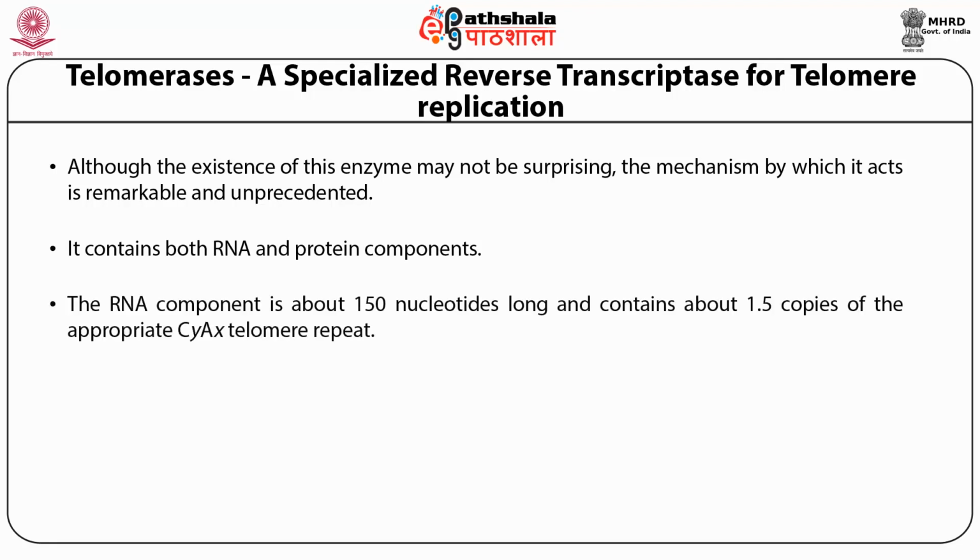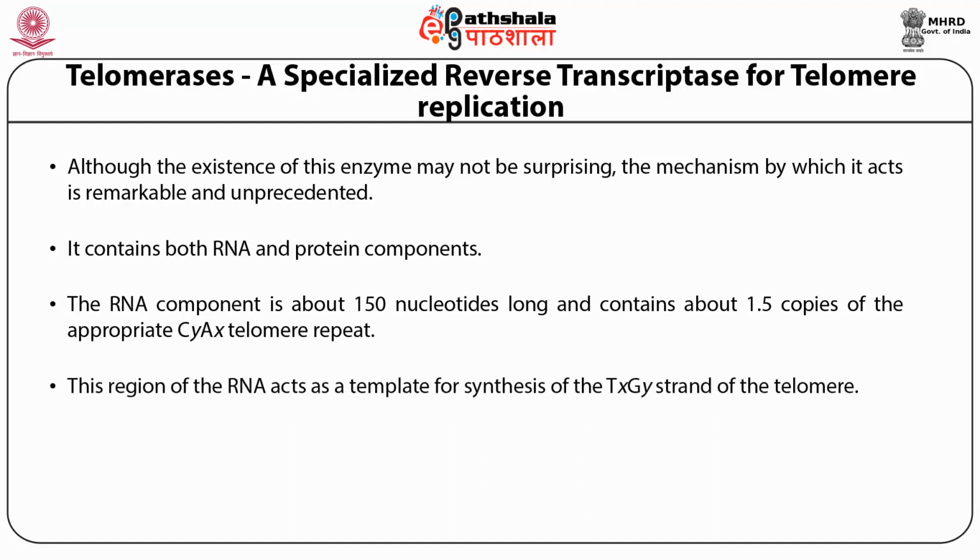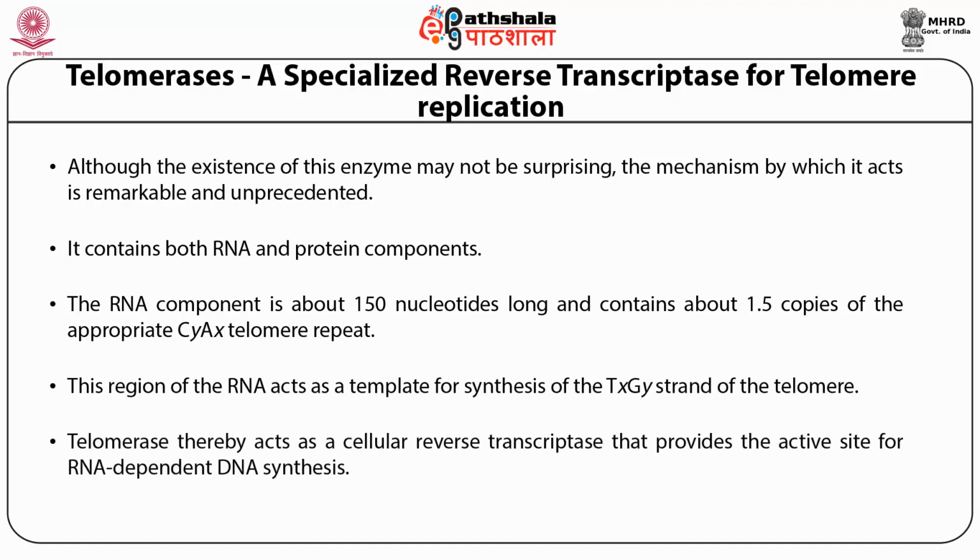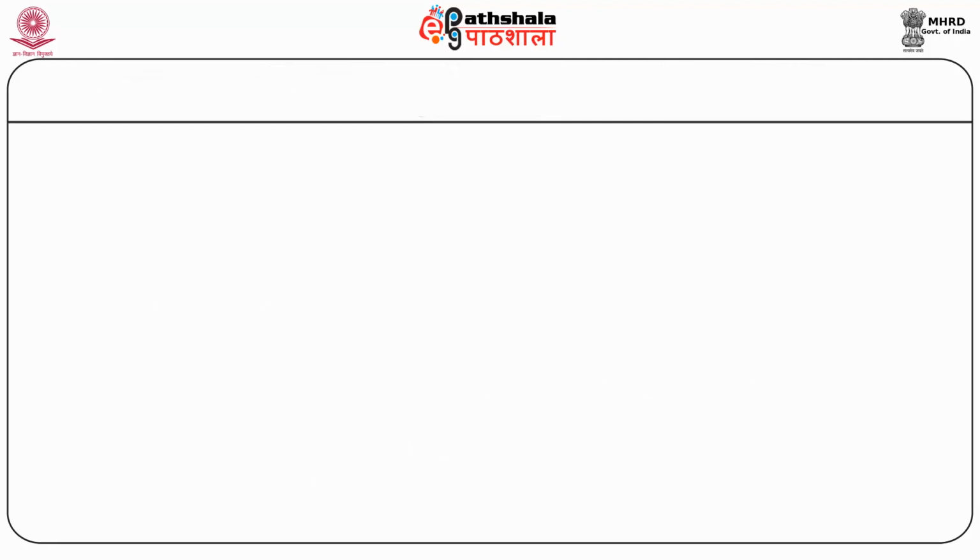The RNA component is about 150 nucleotides long and contains about 1.5 times copies of the appropriate C-A telomere repeat. This region of the RNA acts as a template for synthesis of the T-G strand of the telomere. Telomerase thereby acts as a cellular reverse transcriptase that provides the active site for RNA-dependent DNA synthesis.